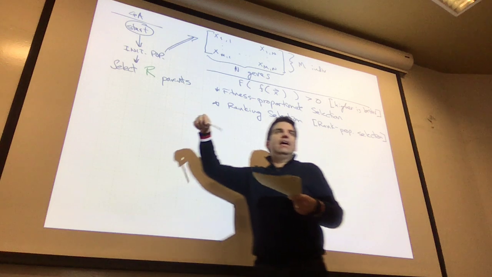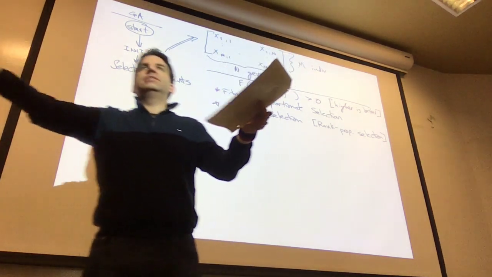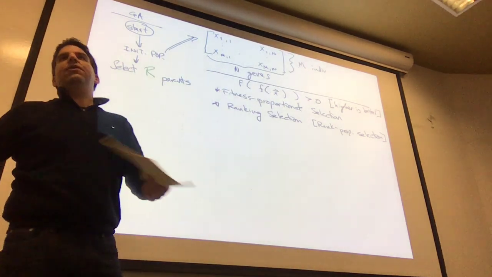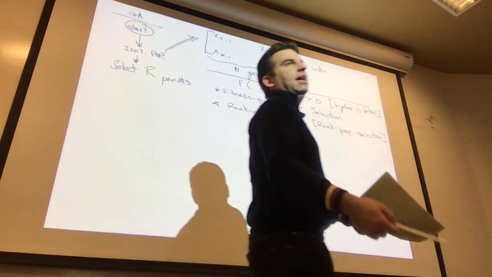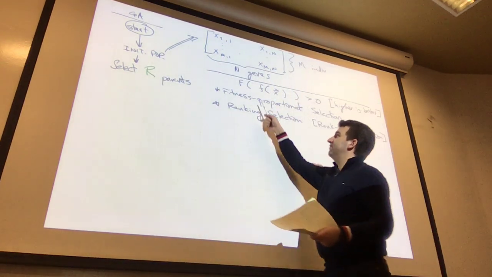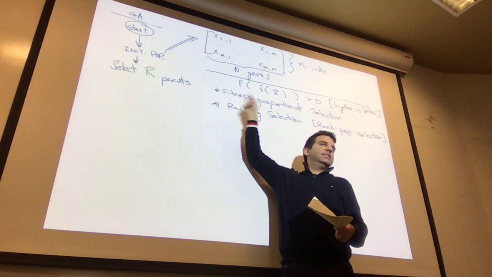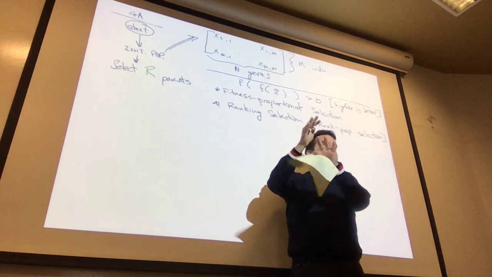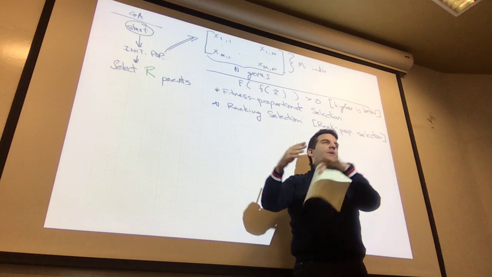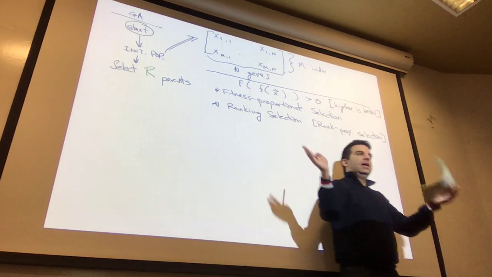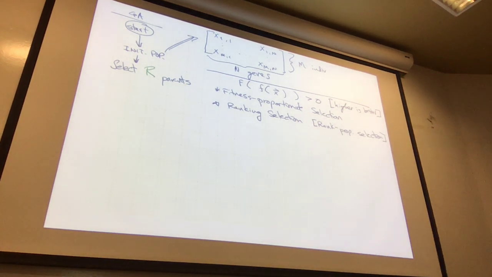If you're a good quality solution, you get a high ranking. If you're a low quality solution, you get a low ranking. The advantage is that if there are large differences in fitness, but not very large differences in rank, it squishes those differences in fitness, kind of like the way a log transformation would if you're doing stats. Question? Is ranking based on the trait or on the fitness score?